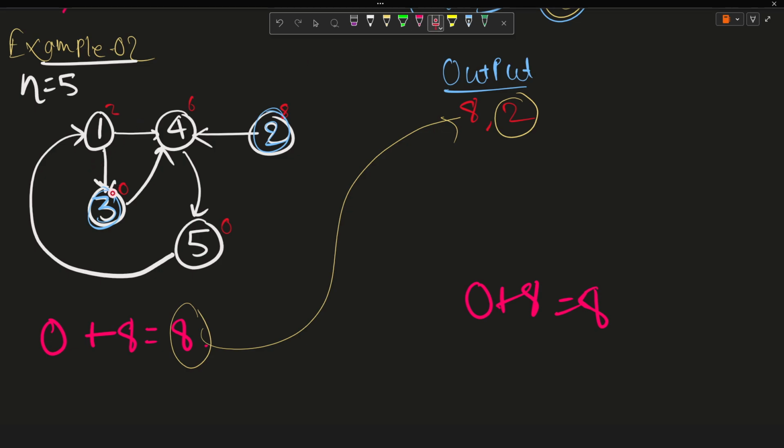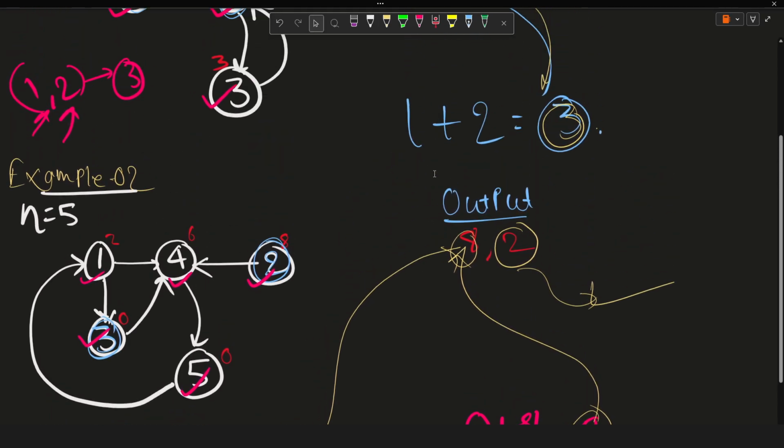And again if I had done this, then each one of my nodes or junctions would have remained protected. These two will have been protected directly, and since from this 3 we can go to 4, and then from 4 we can go to 5, and then from 5 we can go to 1, each one of the junctions will be protected indirectly. Thus we spend a total of 8 units of money, and since it is possible to get this result in 2 different ways, that's why the output for this example is 2.